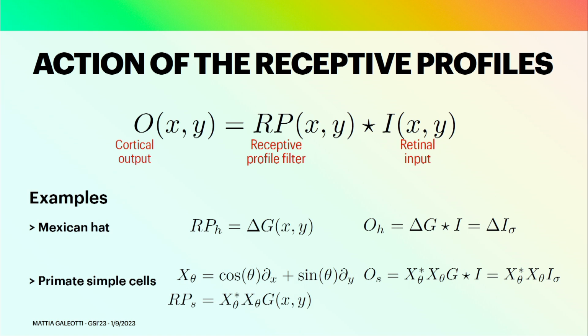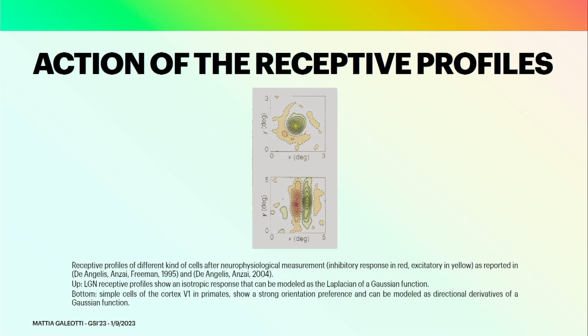The receptive profile there is a directional derivative of degree 2, always of a Gaussian function, and here we have the output. E sigma is nothing more than a smoothing of the input through the Gaussian function. So we can imagine this receptive profile acting by convolution as a differential operator, in this case of degree 2, acting on the smoothing of the retinal input.